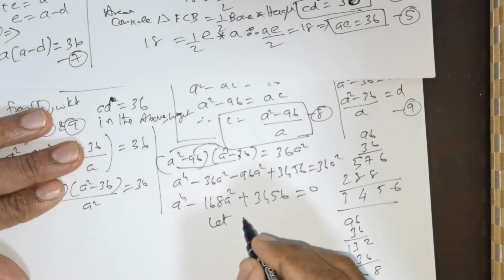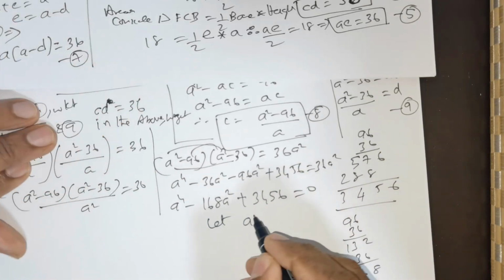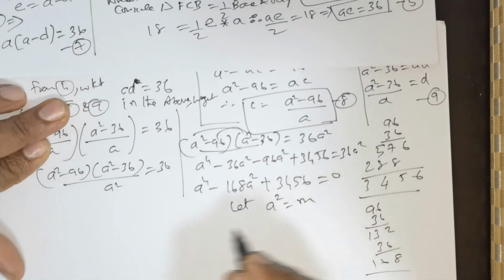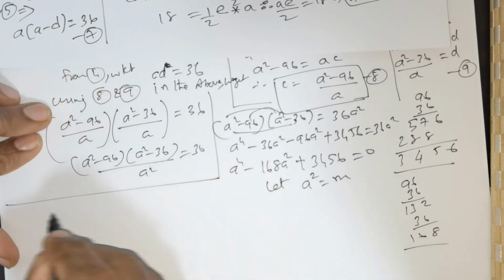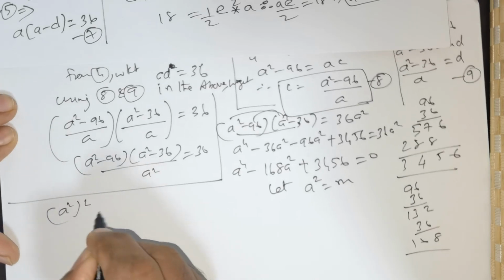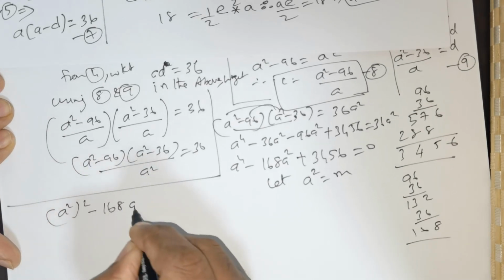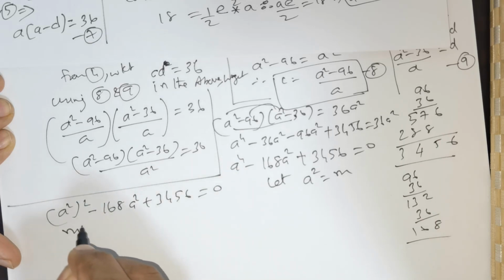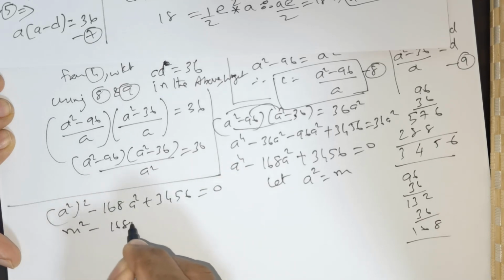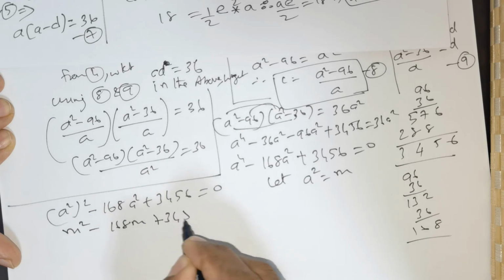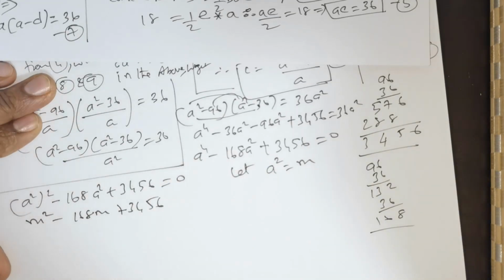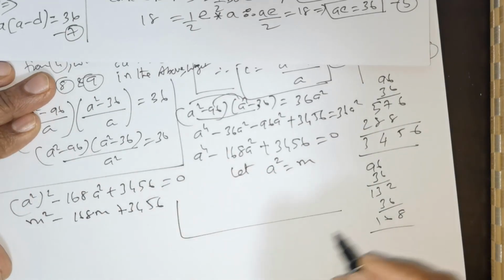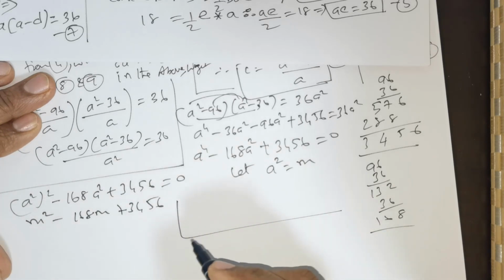So what I'm going to do is let A squared be equal to some M. So this can be rewritten as M squared minus 168M plus 3456 is equal to 0. Now what I wish to do is use synthetic division, or you can use quadratic.